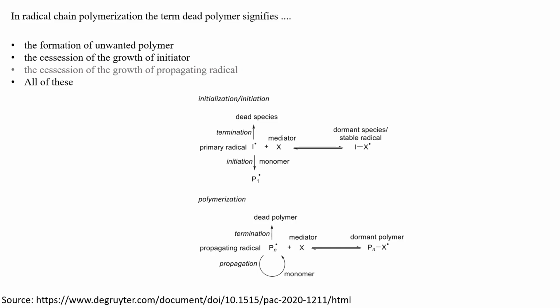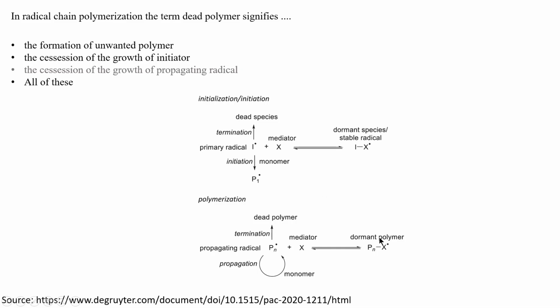Since there is no more room for further reaction, that polymer chain will remain dead. Dead in the sense that it has become a stable radical or a dormant species. So it becomes a dormant polymer and it is not going to propagate any further. So the cessation of the growth of the propagating radical is what is called a dead polymer.